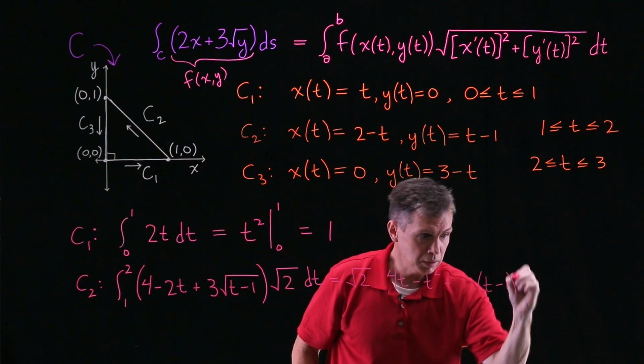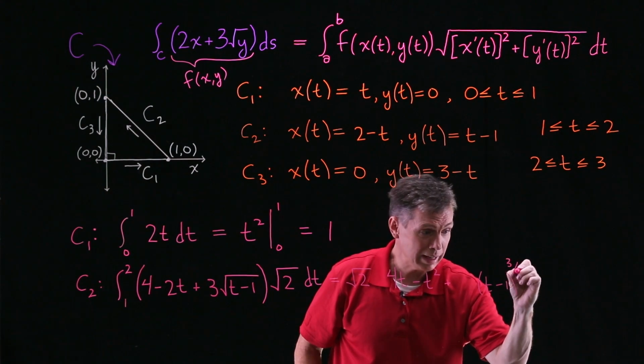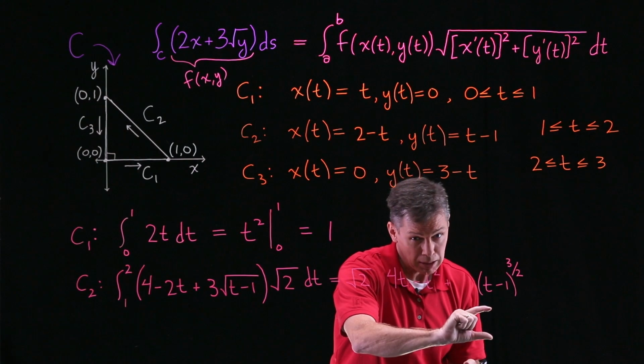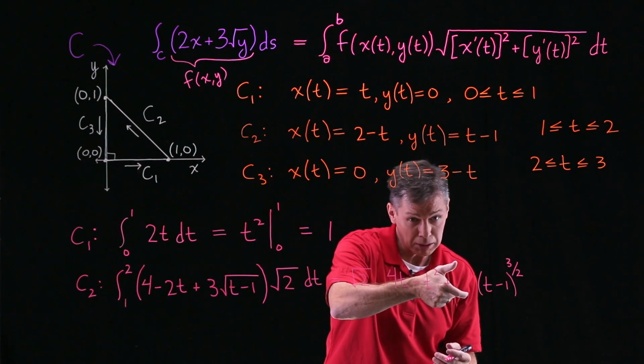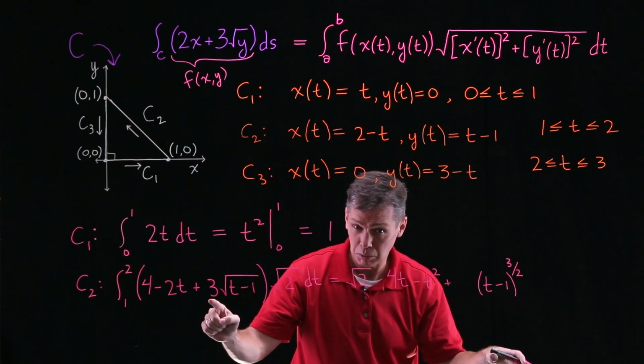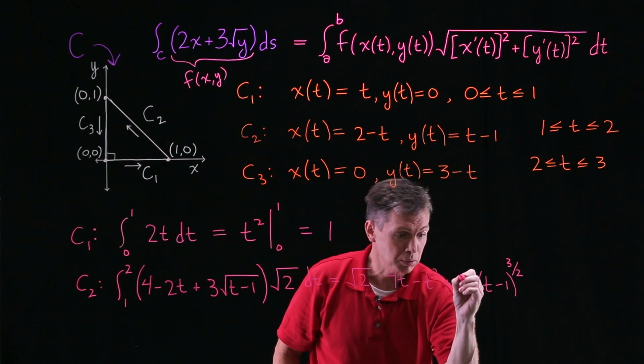T minus 1 is going to bump up to the 3/2 power when I anti-differentiate. Divide by 3/2, which is like flipping and multiplying by 2/3. See, the 3 is going to cross out with the 3 that would have been downstairs, and you end up with a 2.